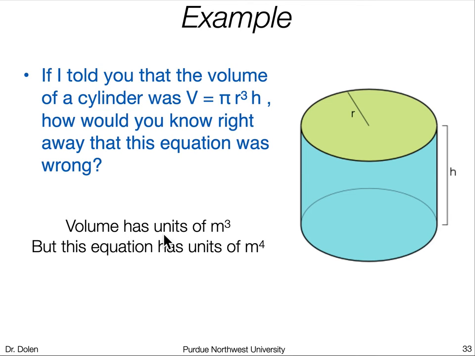Volume has units of meters cubed, but this equation has units of meters to the fourth. Radius is measured in meters. Meters cubed times height, which is also measured in meters, gives me something of meters to the fourth. So this equation cannot be right. So it's a way of just making sure you're doing the right thing: always considering your units.